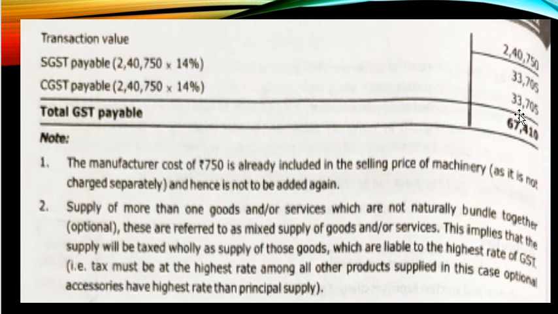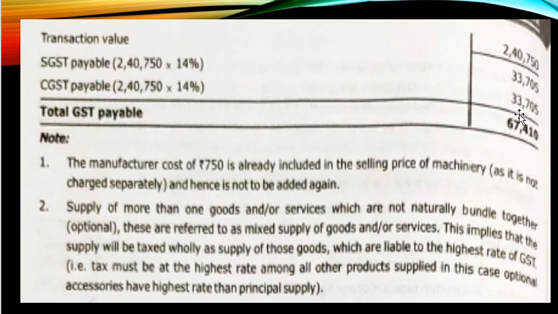Supply of more than one good or service which are not naturally bundled together, if optional, is referred to as a mixed supply of goods or services. This implies that the supply will be taxed as a supply of those goods which are liable to the highest rate of GST. That is, tax must be at the highest rate among all the products supplied.